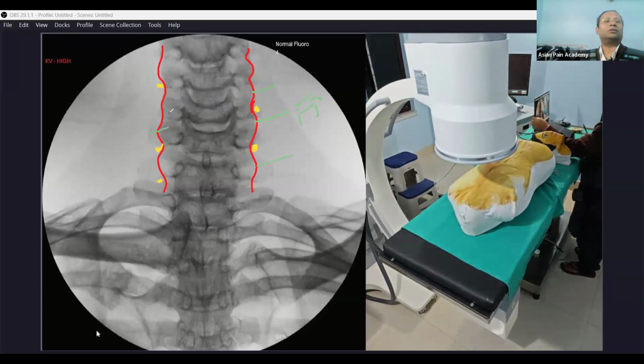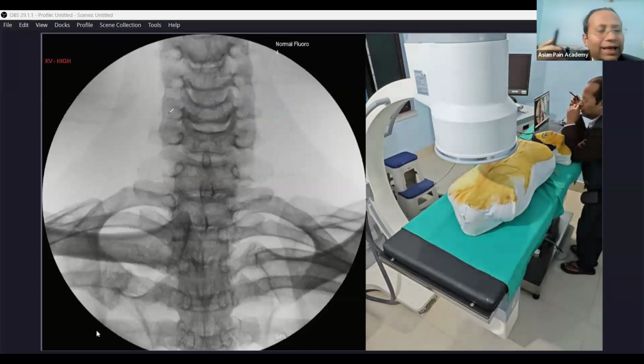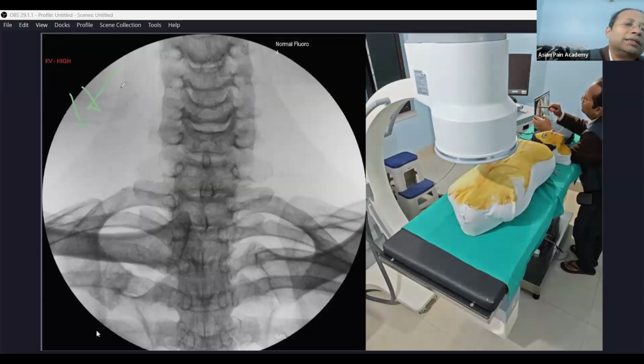But we do not need to think about that much. Say this patient has a left C5, C6 facet joint. We know this side is left, and this one is T1, this one is C7, this one is C6, this one is C5.